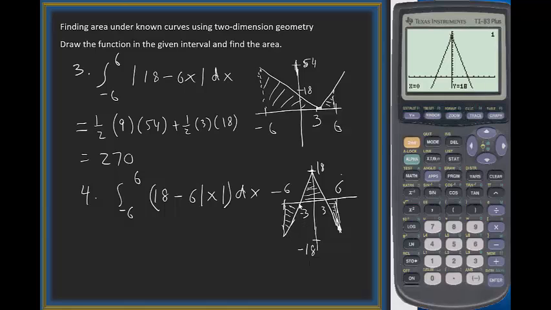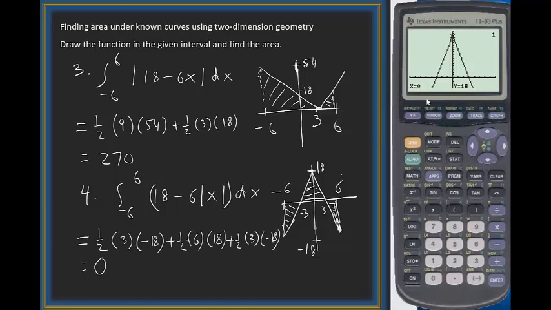Now when you're looking for the triangle here, the area will be 1/2 base times height. So we take the measurement and put it as the area of a triangle. We have 1/2, this length here is 3, and that one is negative 18.